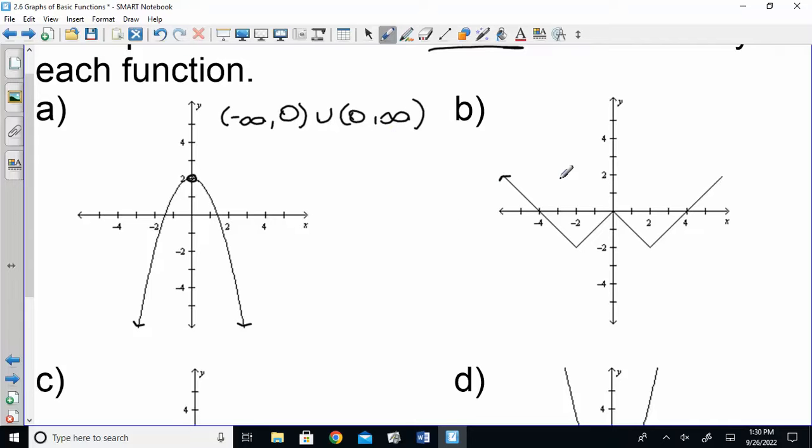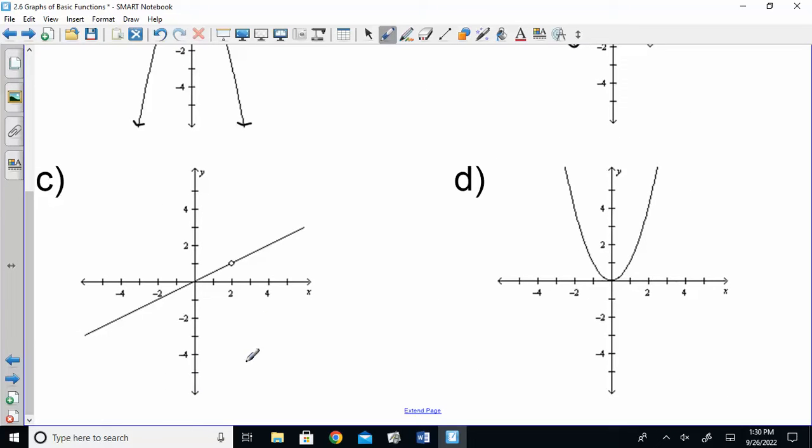All right, B. Let's assume again these keep going. So where is this continuous? If I start drawing this, when do I have to pick up my pencil? Never. So we would say negative infinity to positive infinity. It's always continuous. C. What would that one be? Everywhere except 2.